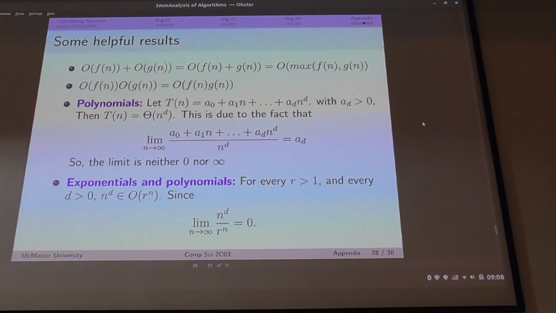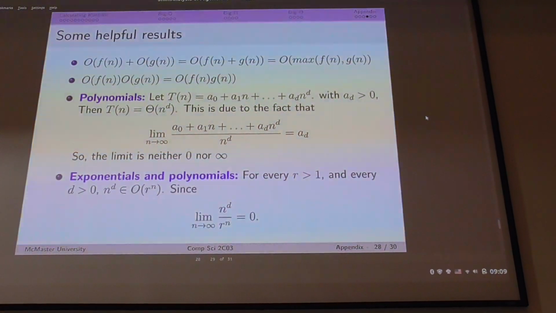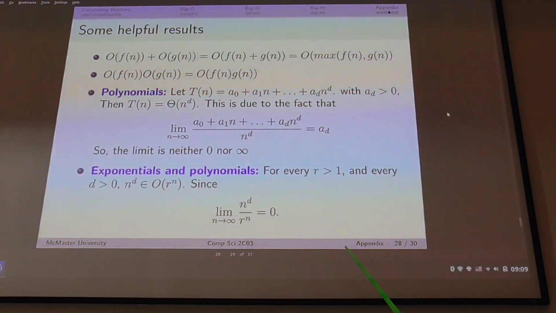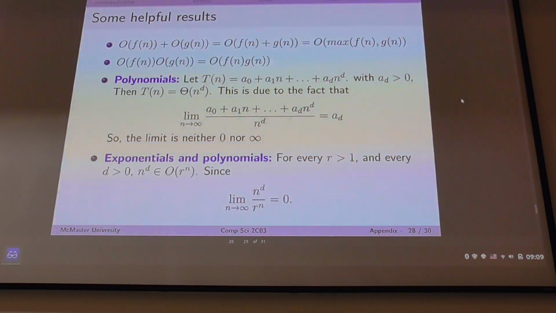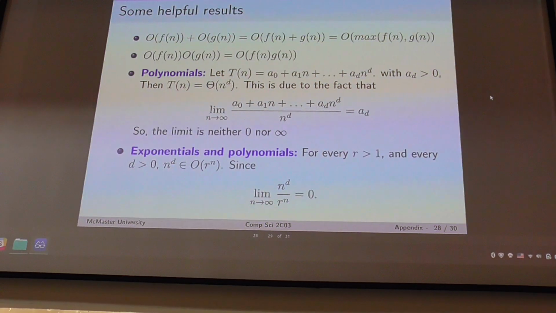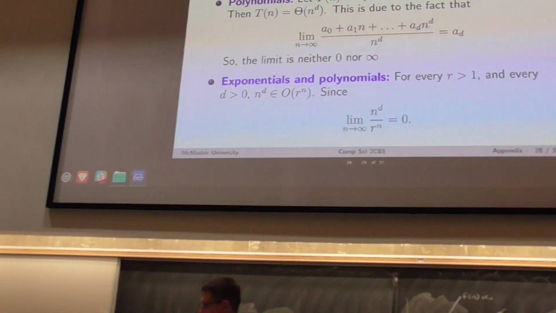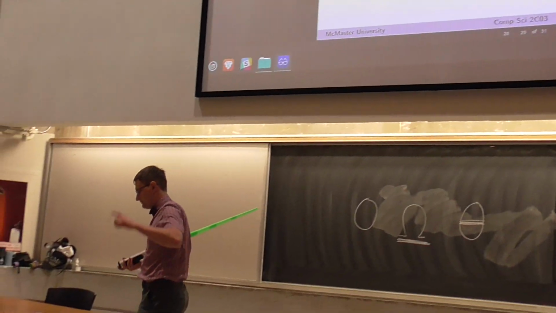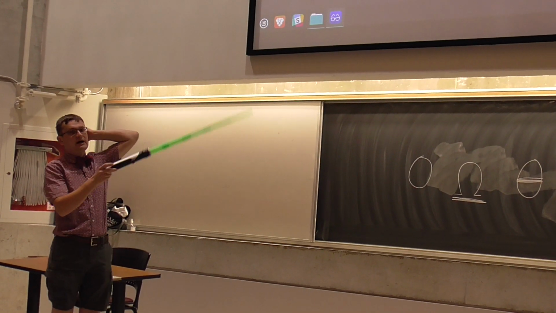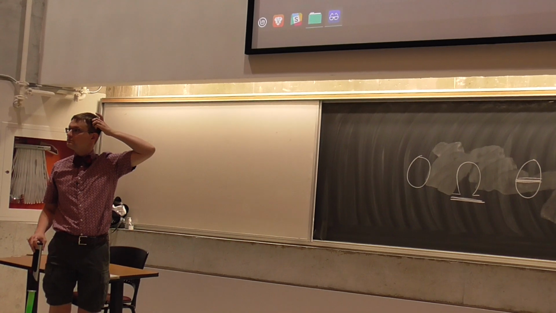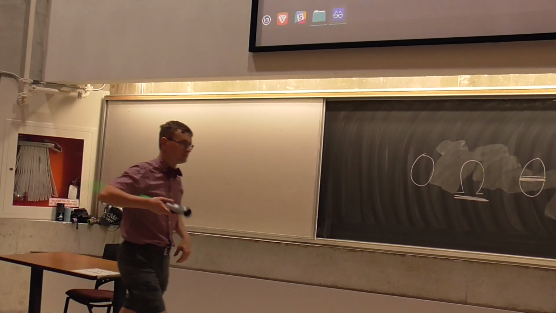The limit as n approaches infinity of this is equal to ad, so the limit is neither 0 nor infinity. This, of course, means that it is which one? That guy on the bottom? That's theta. Thank you.